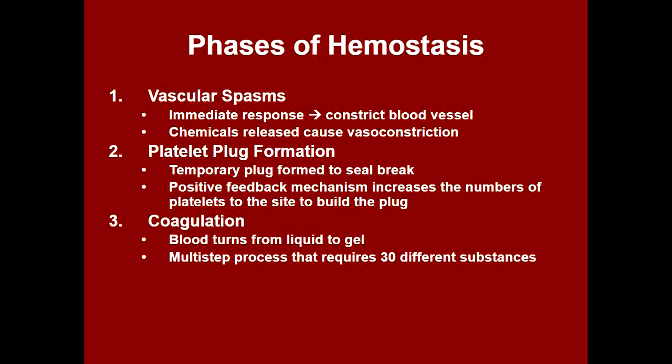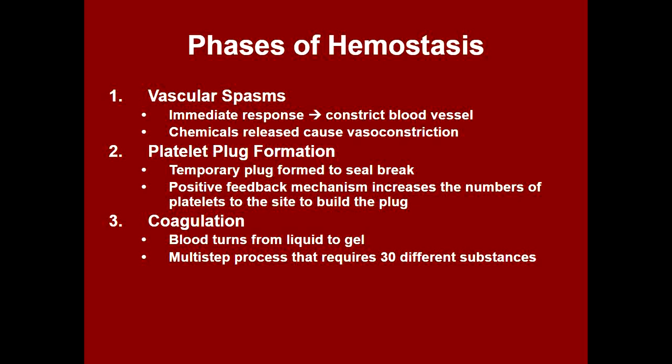The first thing that happens is immediately our body goes into what's known as a vascular spasm. The area that has been damaged, there is an immediate response to constrict blood vessels, and that tells us to stop sending so much blood to the area that has the breach, which makes sense. If you have a hole somewhere, you don't want to send more of your blood.